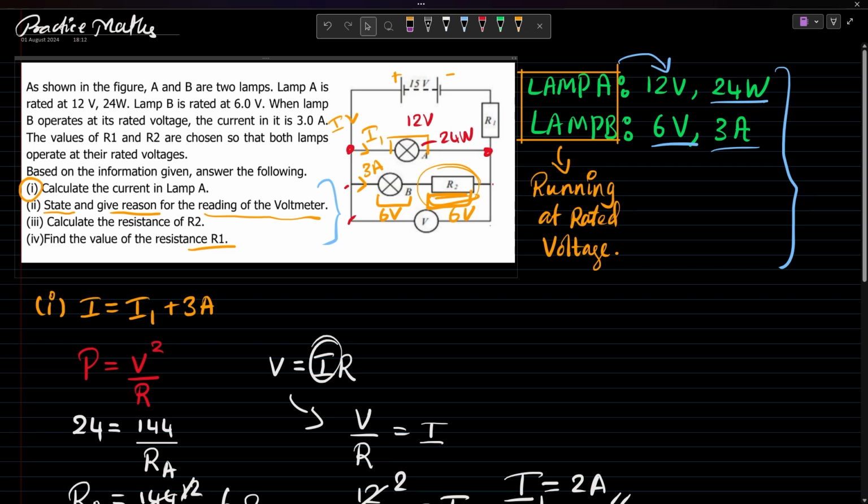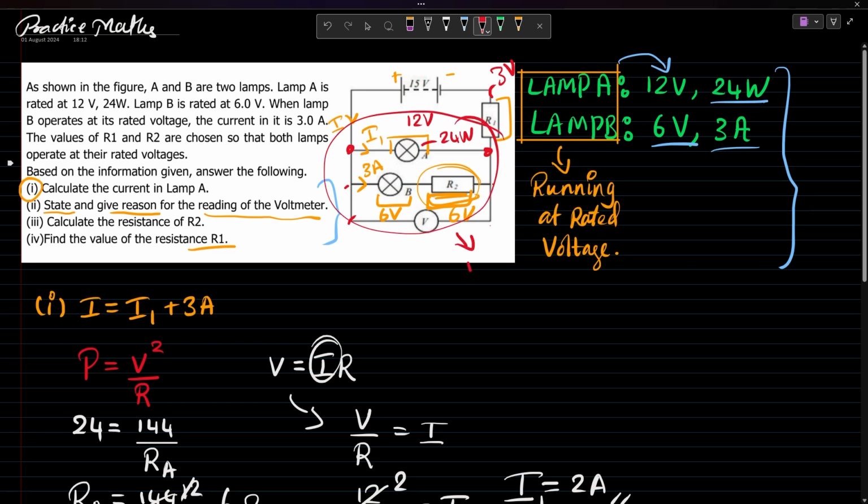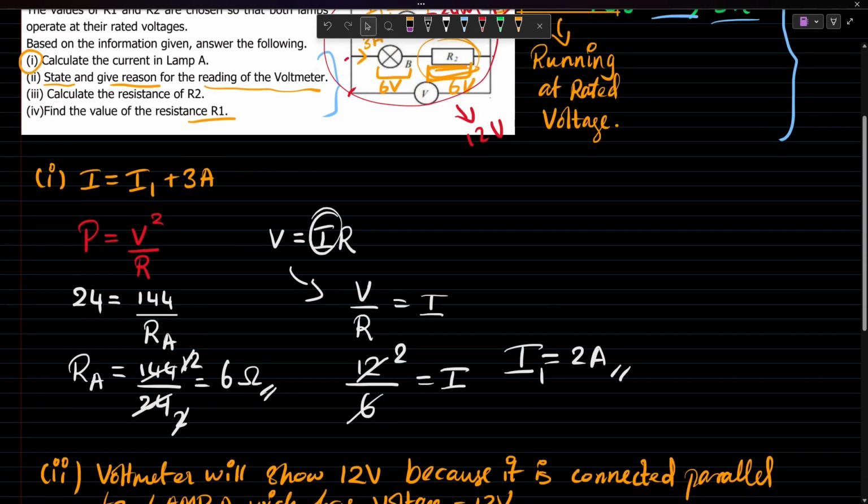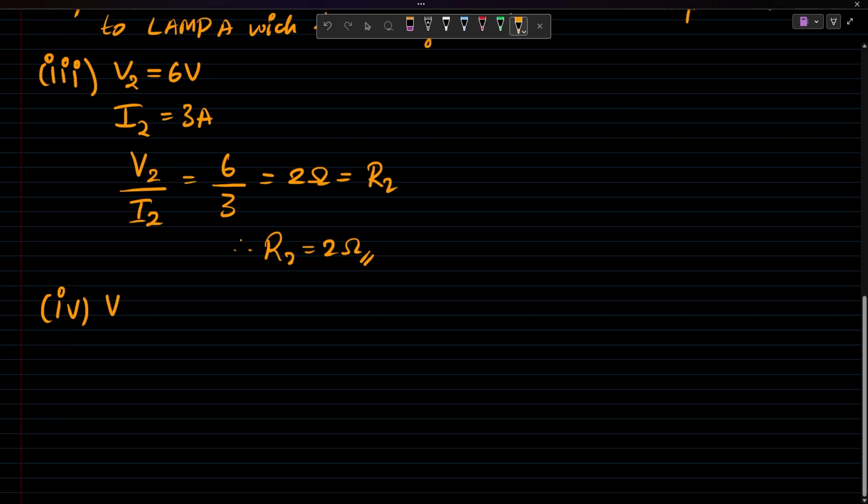Now find the value of resistance R1. There are multiple ways to do it. I'll show you the easiest way. Here it's going to be 3 volts, because this entire part will have 12 volts, and this entire circuit has a total of 15 volts, so what's left is 3 volts, so 3 volts will be here at R1. So V1 is 3 volts.